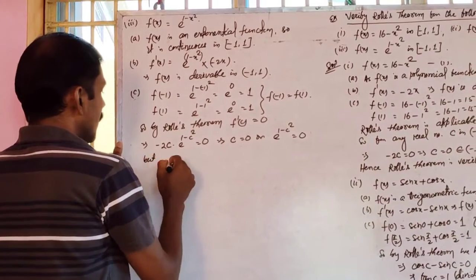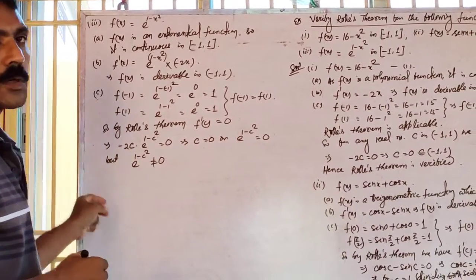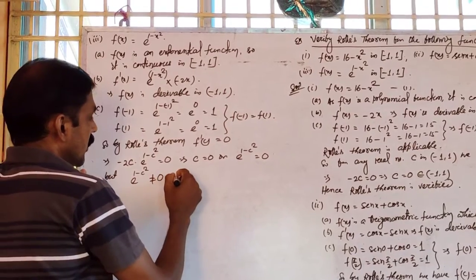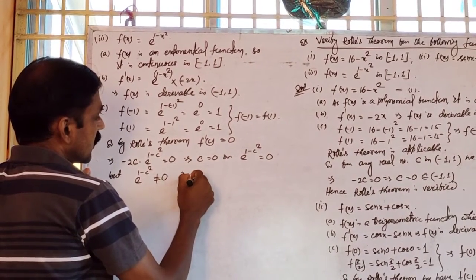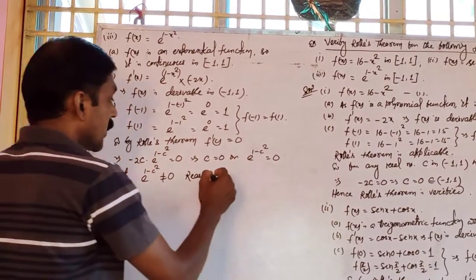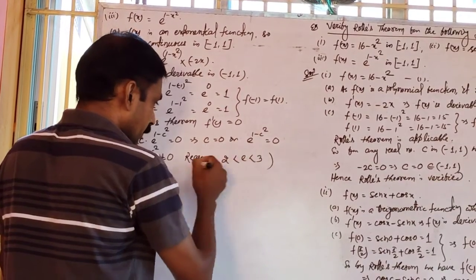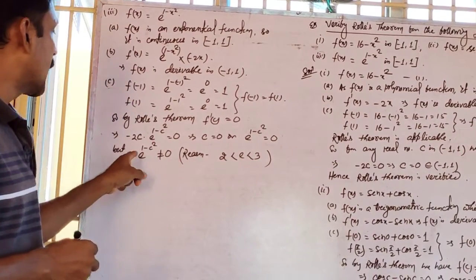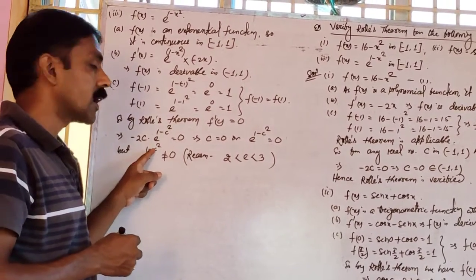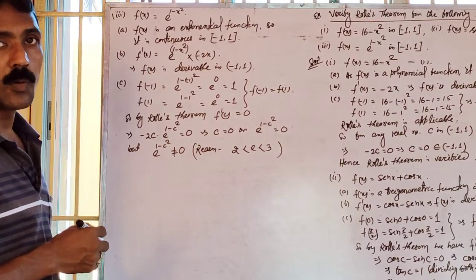But e to the power 1 minus c square cannot be equal to 0. Why? Can you say? The reason is the value of e lies between 2 and 3, that is 2 is less than e is less than 3. This is the main thing. Now if the base is a positive number, then whatever may be the power, whether 0, positive or negative, you will never get 0.